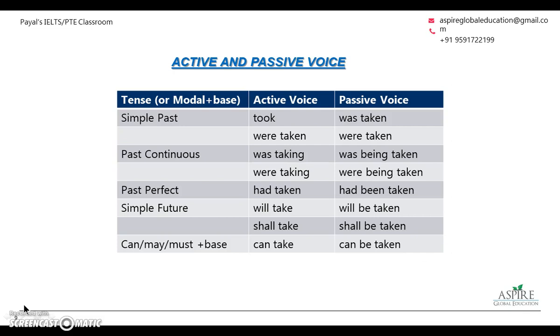Or, in fact, was taking, for example, she was taking a shower. The shower was being taken by her. They had taken the book last week. The book had been taken by them last week.